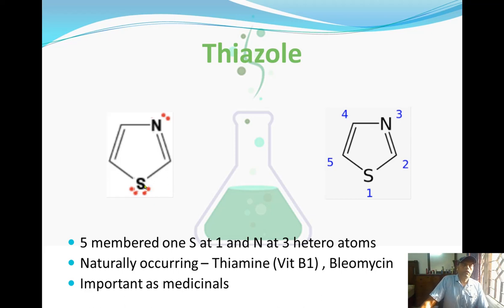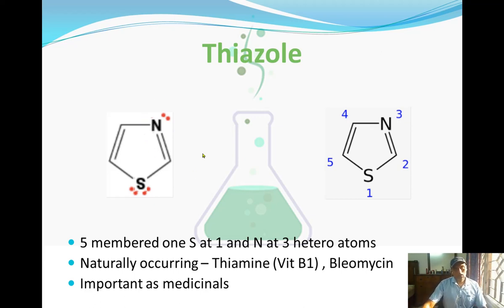In the other structure here, you can see sulfur has got 4 free electrons, right? And nitrogen has got 2 free electrons. We will see why it is like that in the next slide.